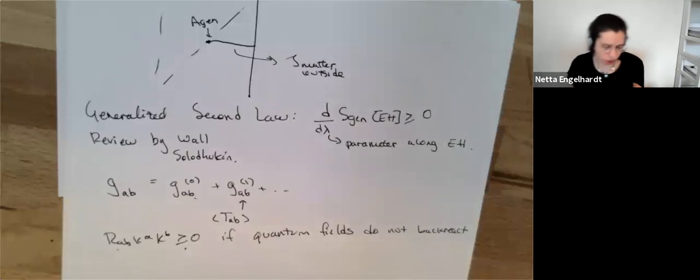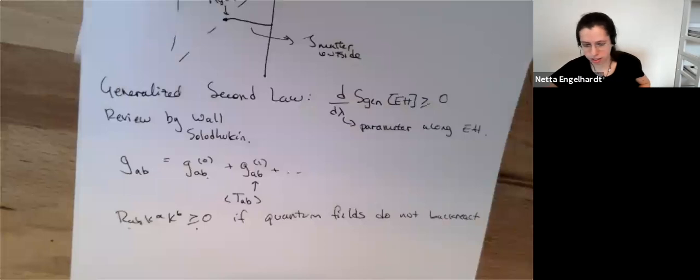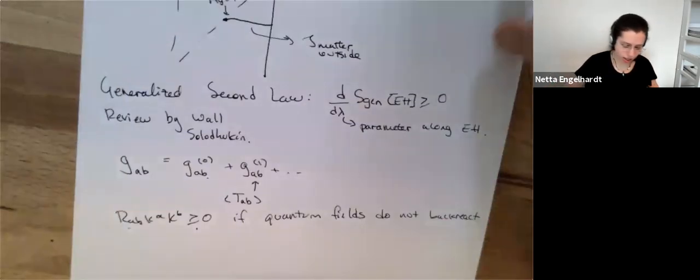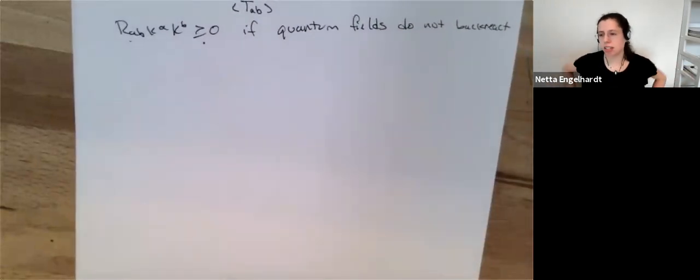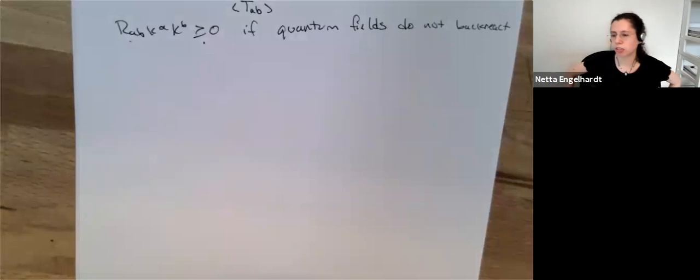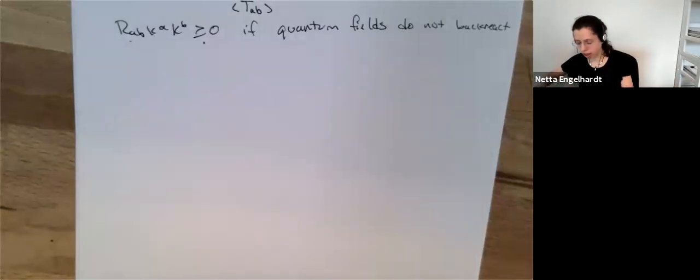And so the upshot of this, and the way I'm telling it to you is exactly the way that this developed. So Aaron Wall and I were worrying about this, and said, okay, well, maybe it's not the classical extremal surface that's the relevant one once you include back reaction from bulk quantum fields.